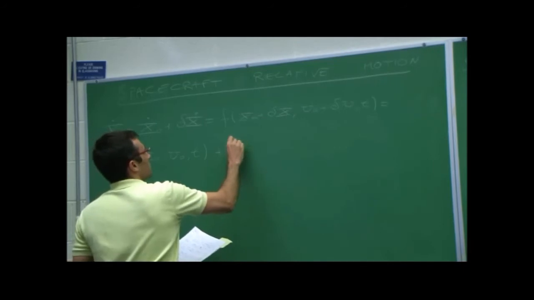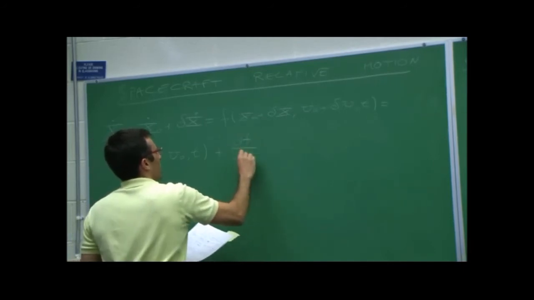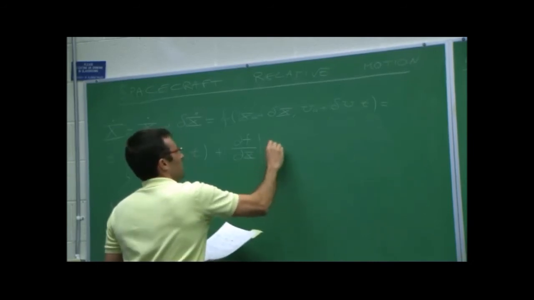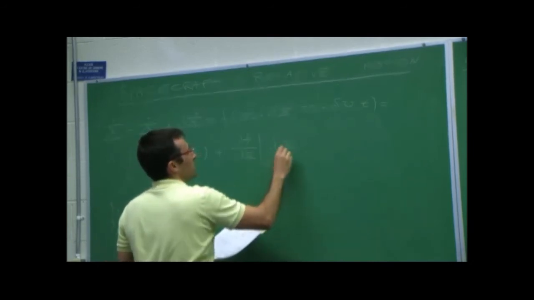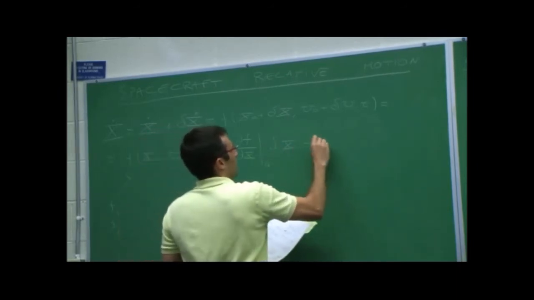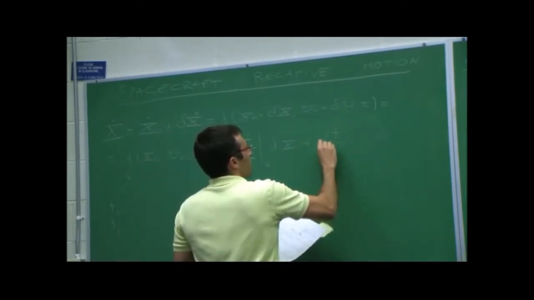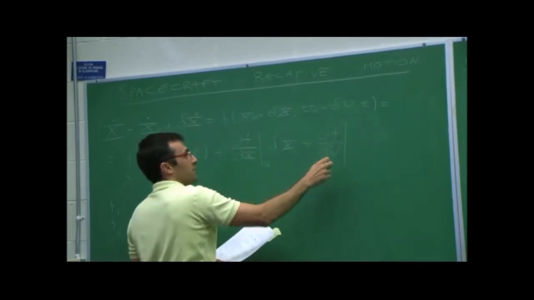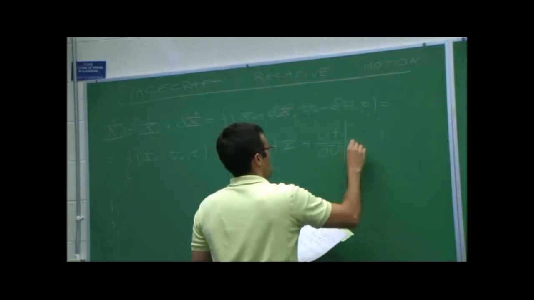plus df with respect to x computed at the point of linearization times delta x. This is the equivalent of that x minus x0 right there, right? Plus, what is this df with respect to x or df with respect to u? These are all vectors. What are these things?